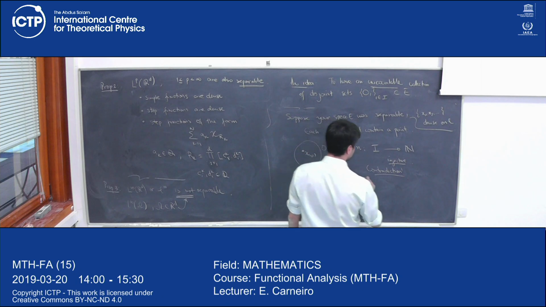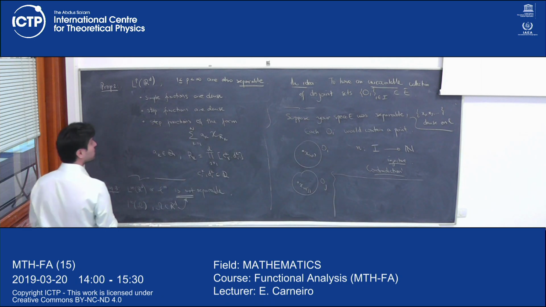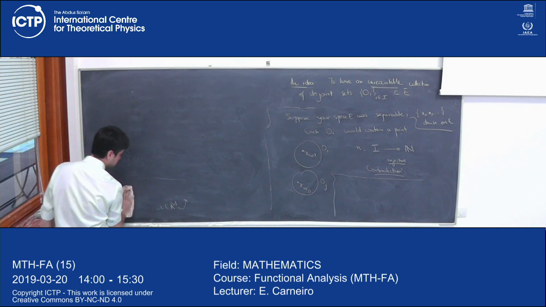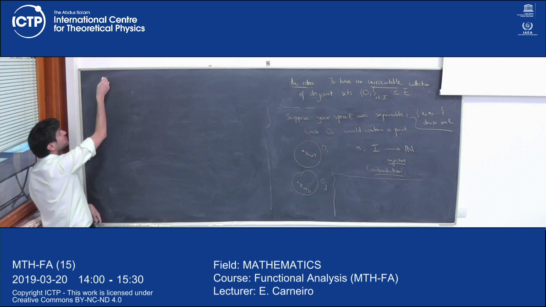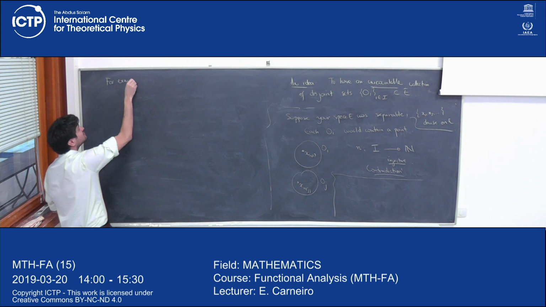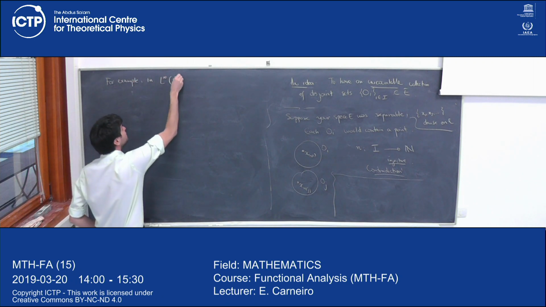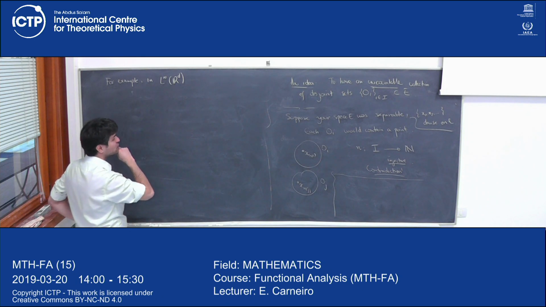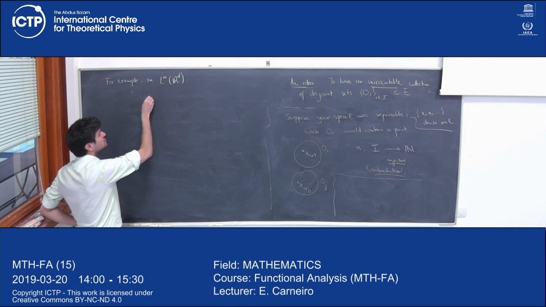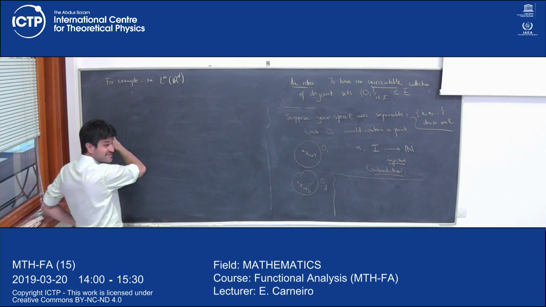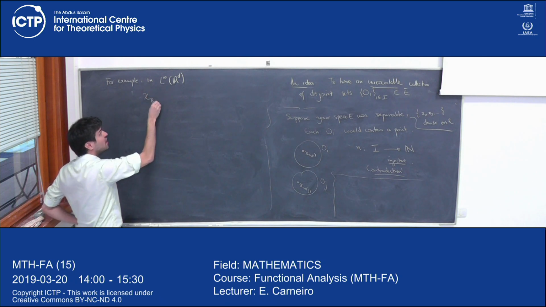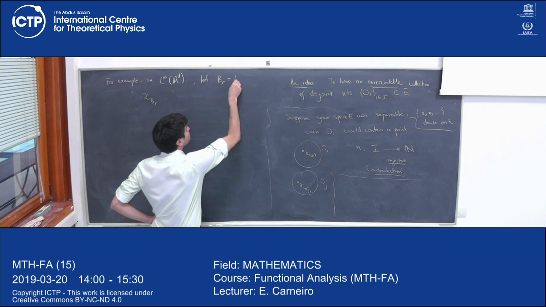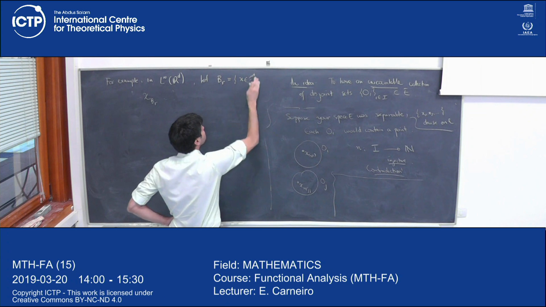Now, when you're working with L infinity of RD, or L infinity of any subdomain of RD that has non-empty interior, you could consider, say, the characteristic functions of the ball B_R, so you let B_R be the ball, say, of x in RD. Well, this is the ball.